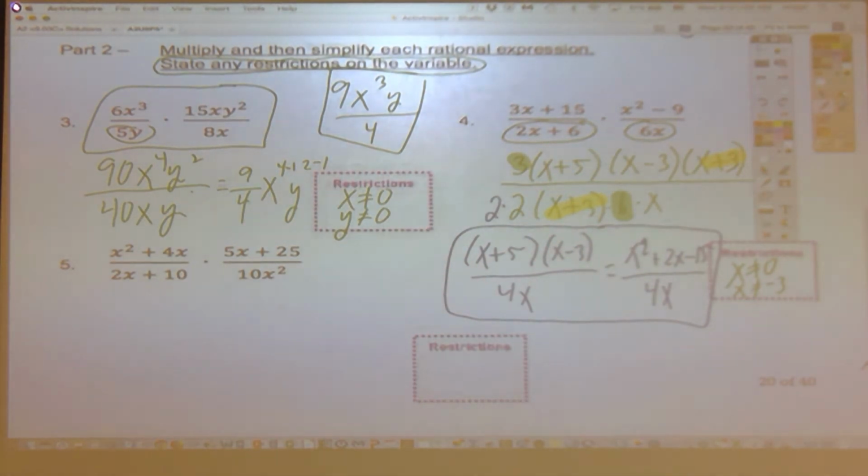Now, when you fill in the restriction box on problem 5, just check in with a fellow group member or 2, and then finish the problem.